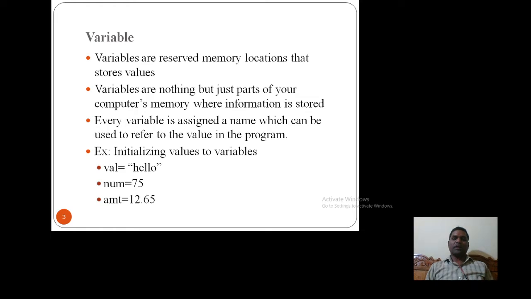Let's say I have a CPU with me and I want to store a file in my computer. Then I need to have a hard disk. The hard disk contains some memory, and in the same way your mobile phone also has some internal memory, as well as external memory like an SD card.